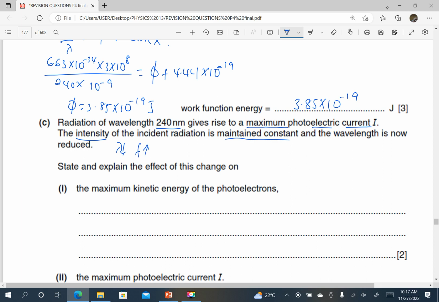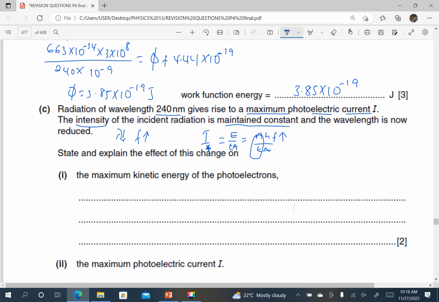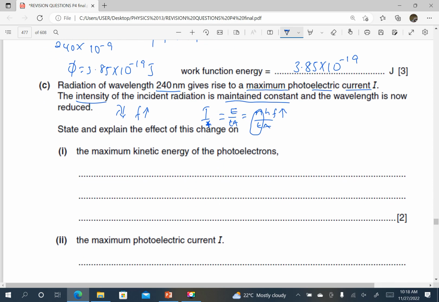And remember intensity is equal to power per unit area, and power is energy over time, so that is nhf over t times A. If intensity does not change, it is a constant, and frequency is increased, by all means the number of photons incident on the same area reduces. The number of photons per unit time arriving is decreased.